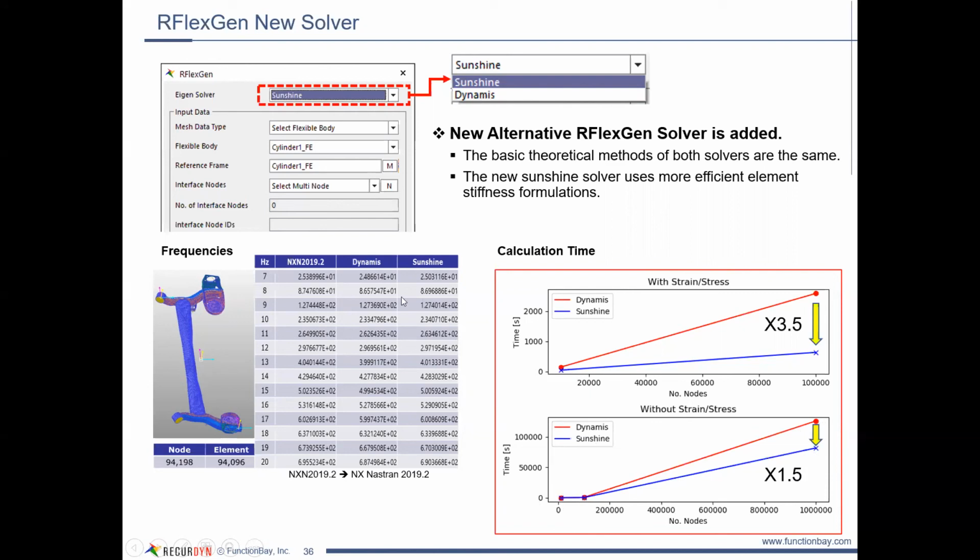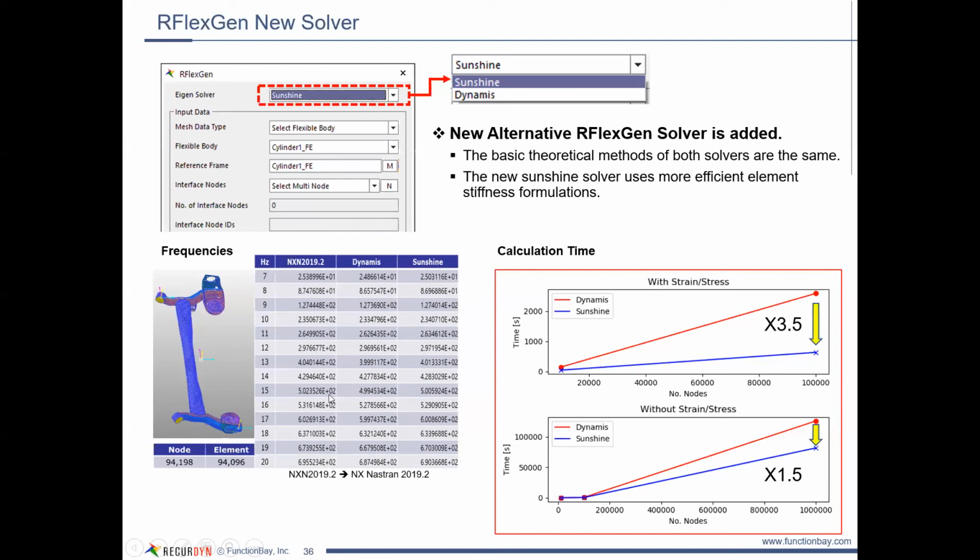As far as comparing the accuracy, this chart on the lower left compares the results of the old solver, the new eigensolver, and also NX-Nastran version 2019.2. We're comparing the frequencies, and as you can see, there's always going to be a little bit of a difference, but it's down to like 1 or 2% on the frequencies, so that's quite acceptable.